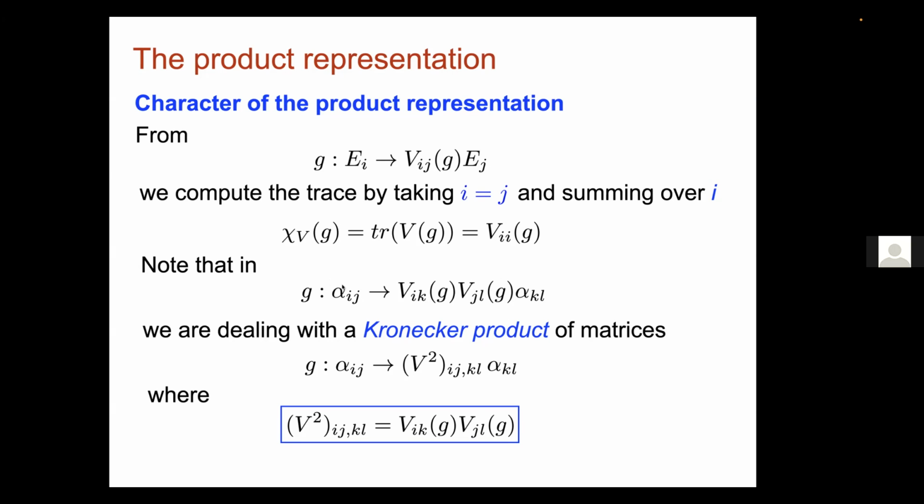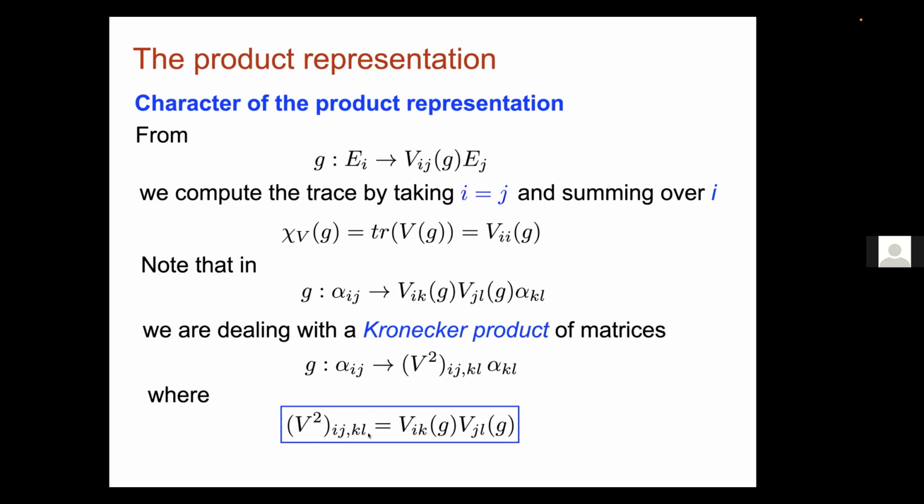But if I want to make the analogy closer, what I do is I define this V squared, with indices ij and kl. This would be the matrix in the product representation. Why? Because this takes on 9 values, because I have 9 possibilities for the double indices. And I define, this is just a definition, this product, I rewrite it like this.